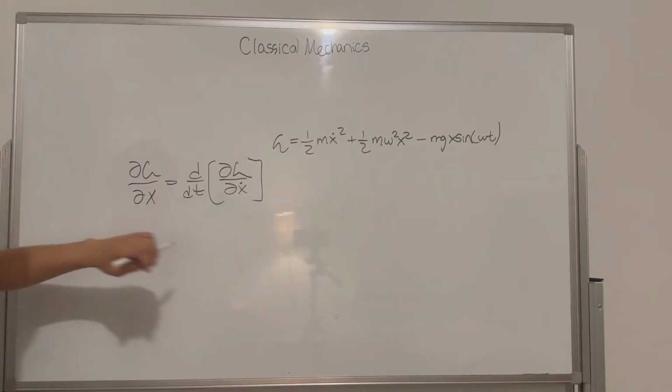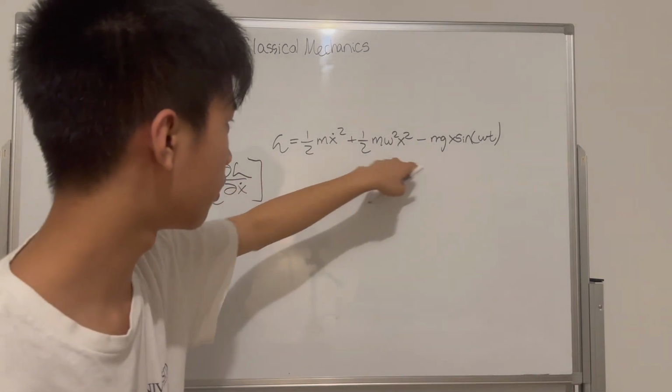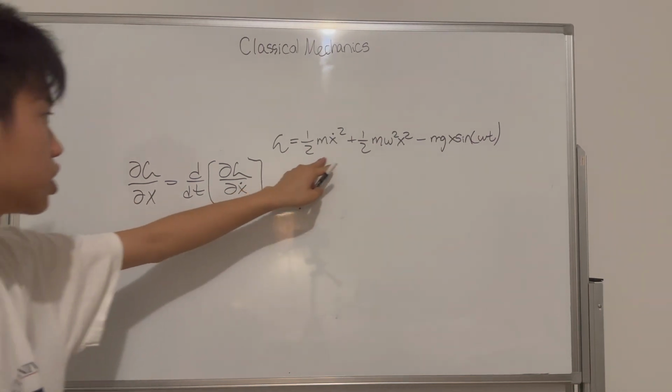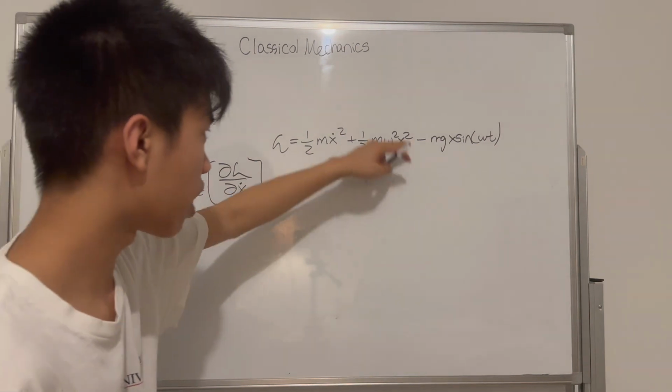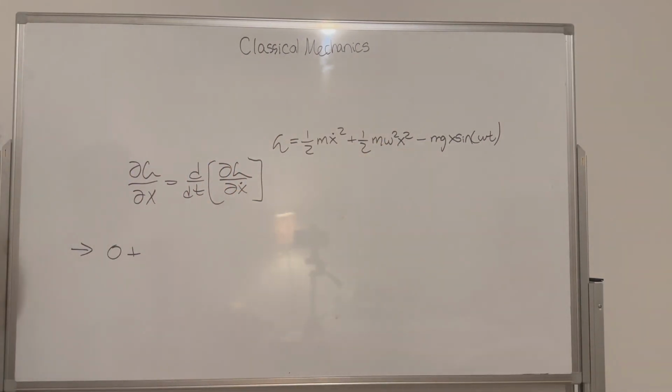So taking the partial derivative of this with respect to x, you'll get 0 for this term since there's no x in it, plus we do the power rule. These two are constants, so we just get 1/2 x squared.